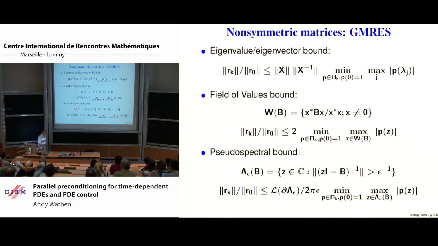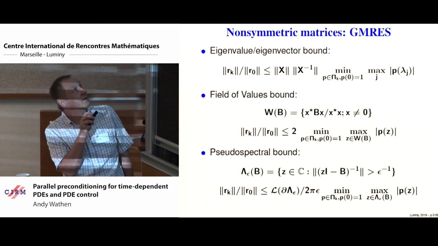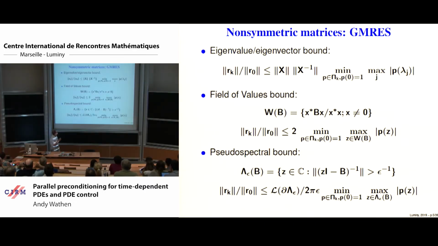Okay. Let's, by contrast, look at the situation for GMRES. If I have a non-symmetric system, then here's the eigenvalue-eigenvector bound I just gave you. The relative reduction in residual is bounded by the condition number, if you like, of the left eigenvectors and the right eigenvectors, and here's the polynomial in that diagonal matrix lambda.